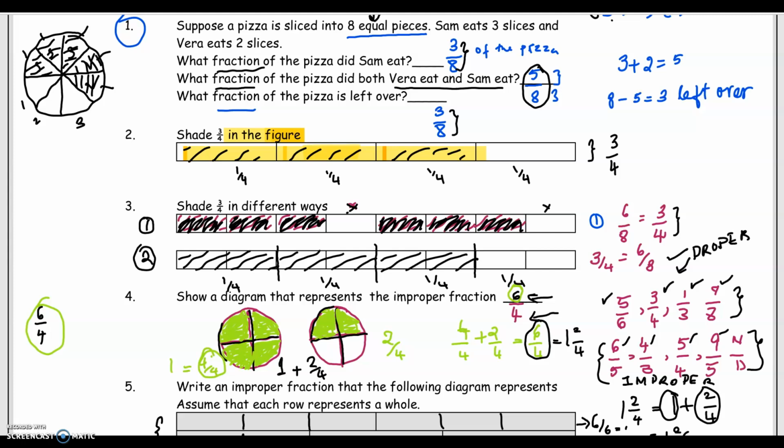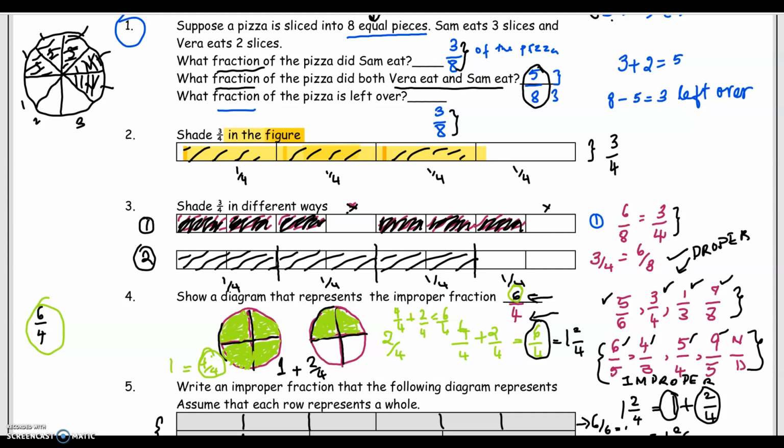So 6/4 is 4/4 plus 2/4. 6/4 is an improper fraction, so it contains a whole.